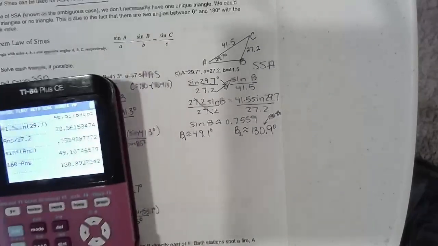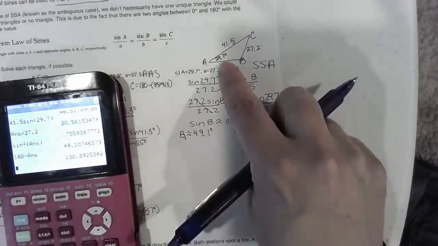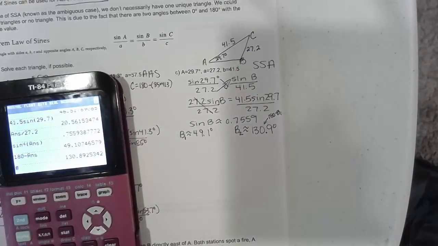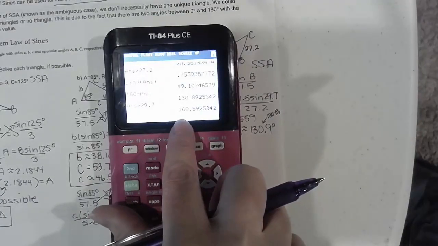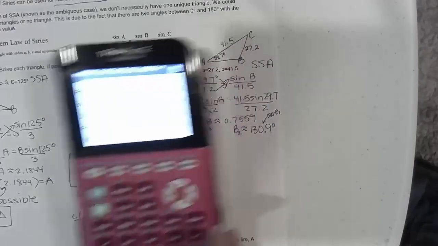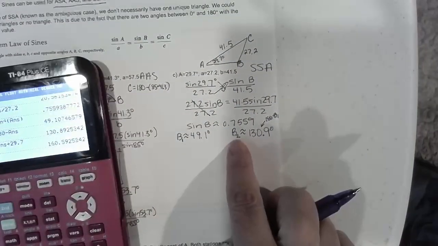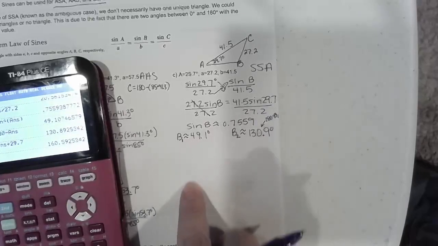But you have to check, can you still have a triangle? So 130.9 plus 29.7 leaves a little less than 20 degrees remaining in the triangle. So it is possible. So that's what we're checking. If you get a B2 where it's not going to make a triangle, then that means that there's only one.